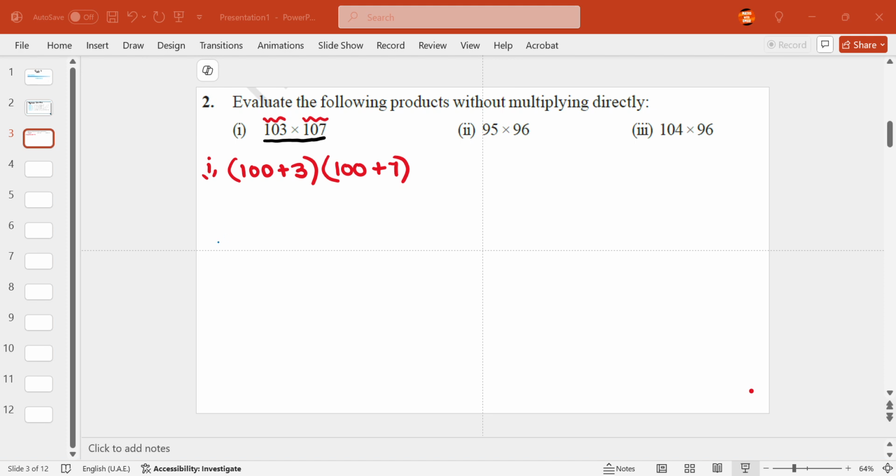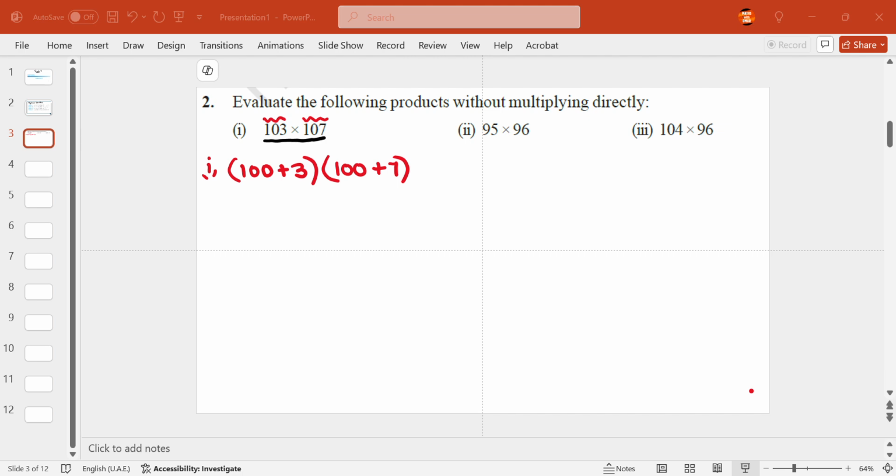So that is equal to x square. In place of x I have 100 whole square, plus (a plus b), that is 3 plus 7, times x, which is 100, plus ab. So is it 3 times 7?